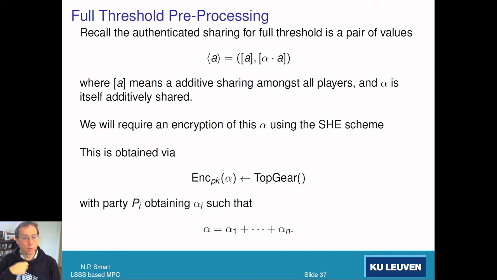The way we do that is we just run the TopGear protocol, which gives us the encryption of alpha. Each party obtains alpha_i, which was their input message, such that alpha is the sum of the alpha_i's. We also get a proof that this encryption of alpha is valid. So this is the first execution of TopGear, and it gives us not only the individual shares of alpha, but also a hidden value of alpha which has been committed in the homomorphic encryption of alpha.